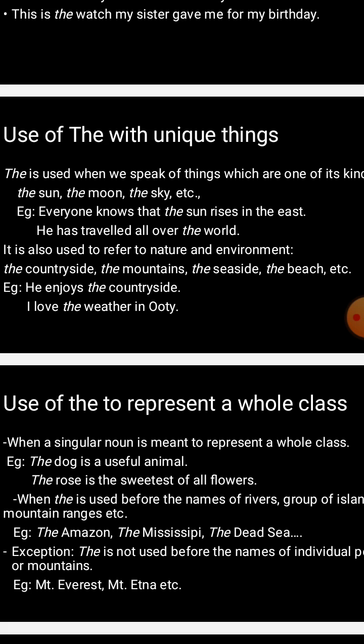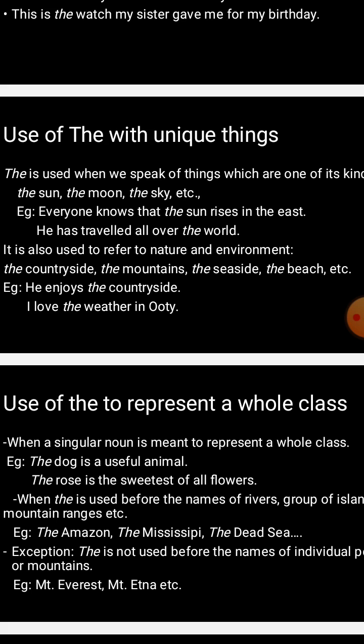I went to the countryside. He climbed the mountains, the seaside, the beach, etc. So he enjoys the countryside.